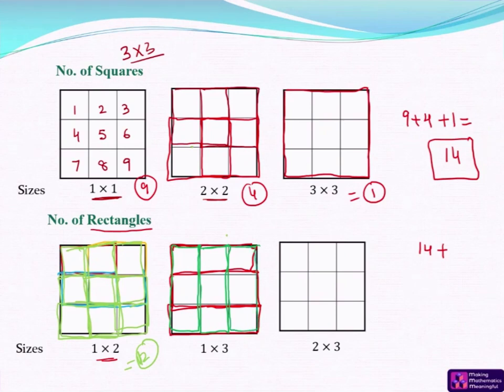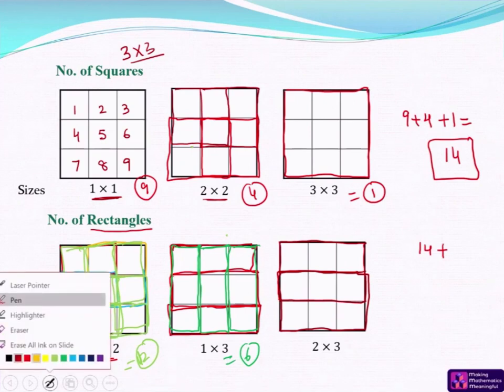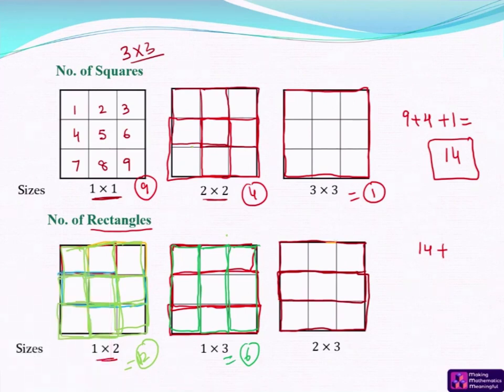So a total of 6 are of size 1 cross 3, and for 2 cross 3, when you count them, this is 1, the downward 2, then 3, and this is the 4th one.